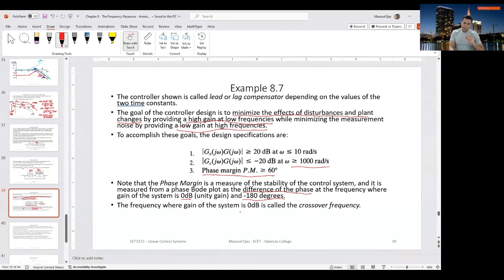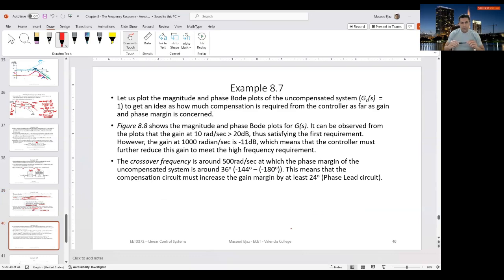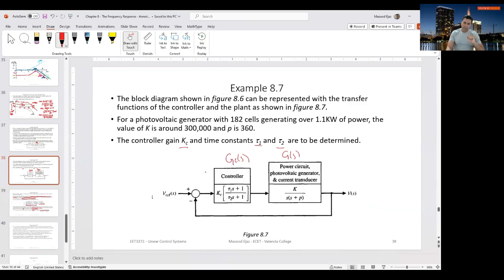Now the frequency where the gain of the system is 0 decibel is called crossover frequency. And you can observe that crossover frequency, of course, in the Bode plot. And likewise, you can observe the value of the phase at the crossover frequency from the phase Bode plot as well. And that's what we are going to do. So we are going to plot the magnitude and phase Bode plot first for the uncompensated system. Uncompensated system means that you are not doing any compensation. So your controller gain is 1 initially.